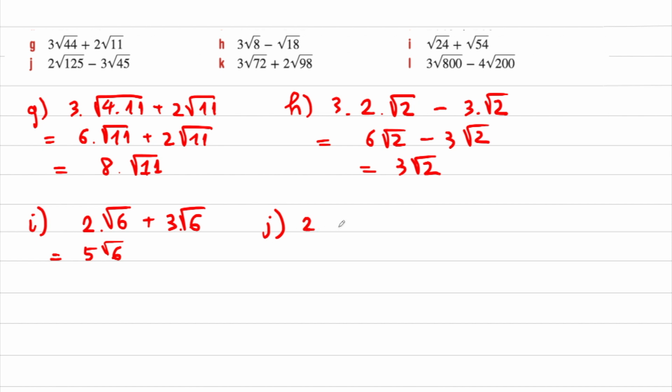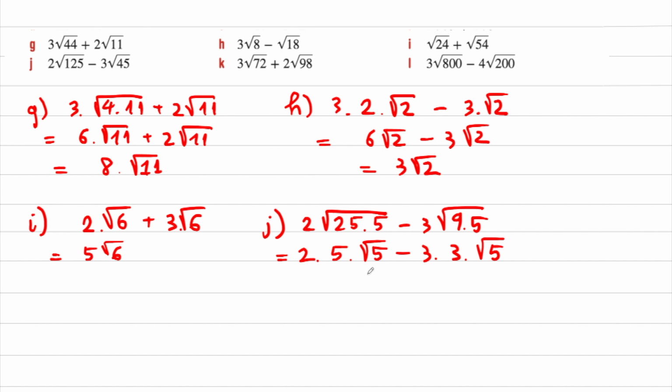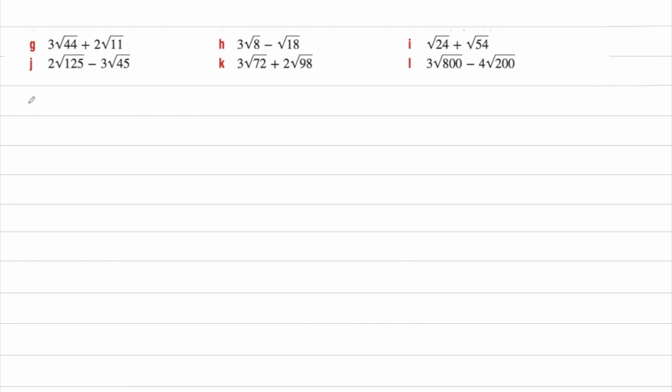This is 125, right? 25 times 5 minus 3. 9 times 5. 2 times 5 times square root 5. 3 times 3 square root 5, this one. And 10 square root 5 minus 9 square root 5 in this writing. You get square root 5 in the last one. Yeah, that's question J.